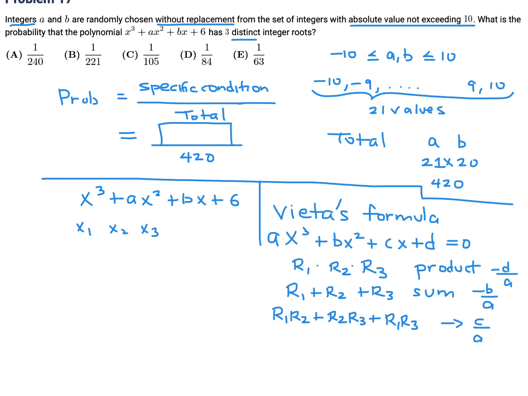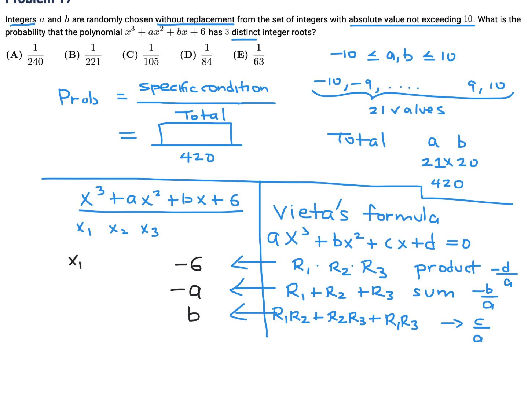So we're going to apply that over here to this cubic, carefully selecting the coefficients. And when we do, we get the product to be minus 6, the sum to be minus a, and the sum of the products to be b.